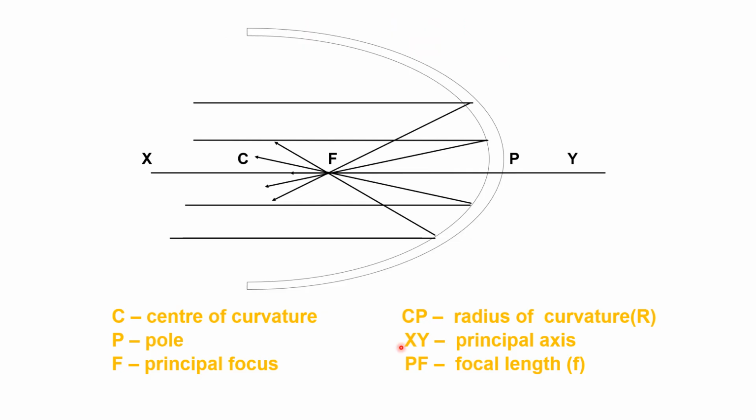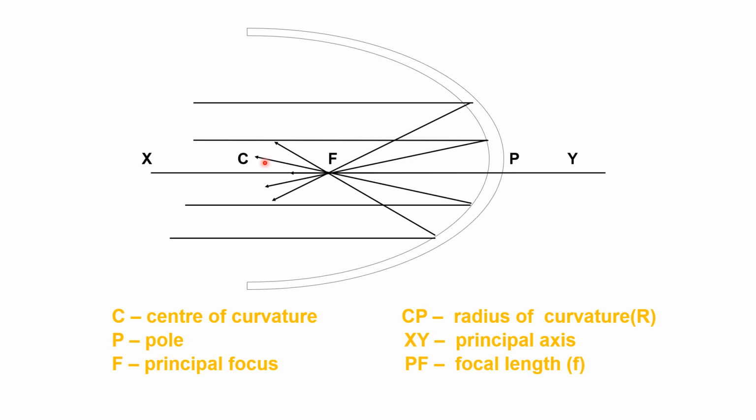In the given diagram, the principal axis is XY. In this line XY, the principal axis is the line joining the pole and the center of curvature. Next is the pole. Pole is the midpoint of the reflecting surface. This is the reflecting surface and the pole is in the middle.